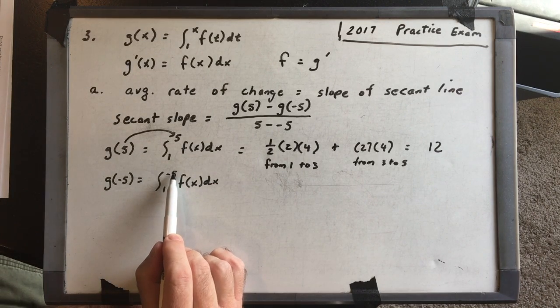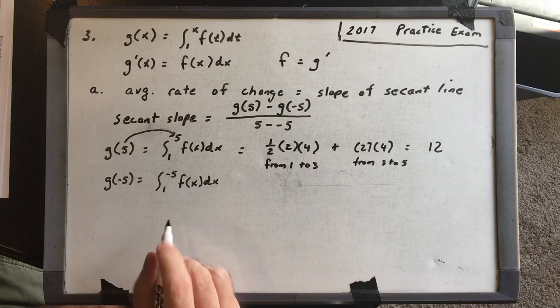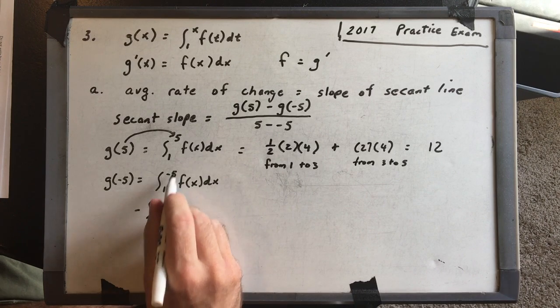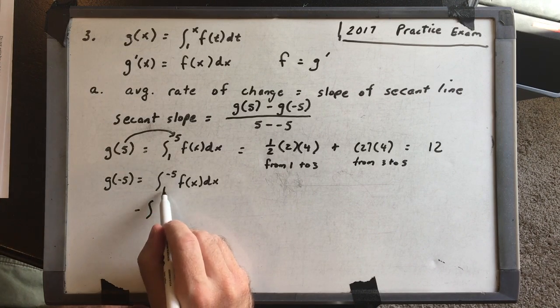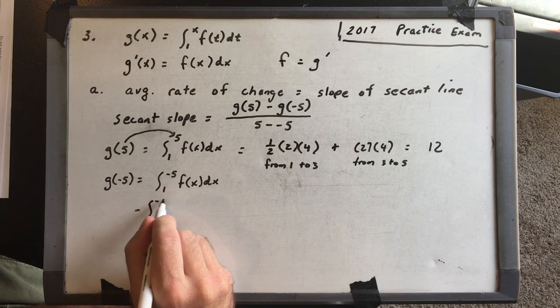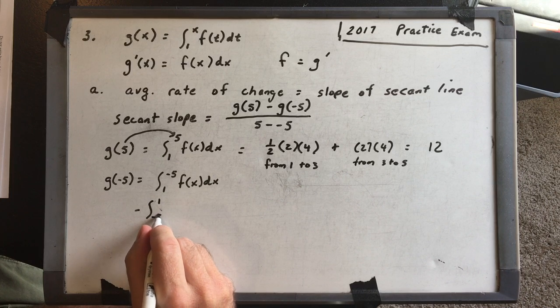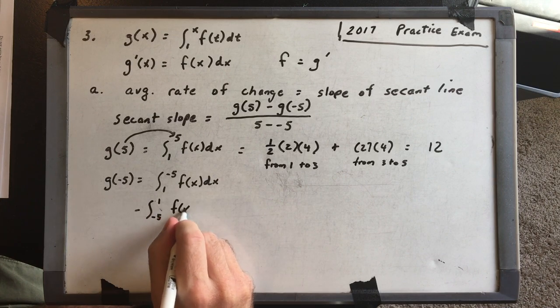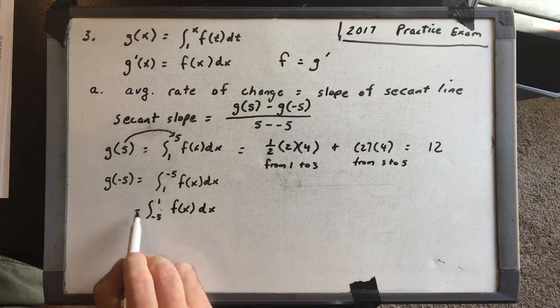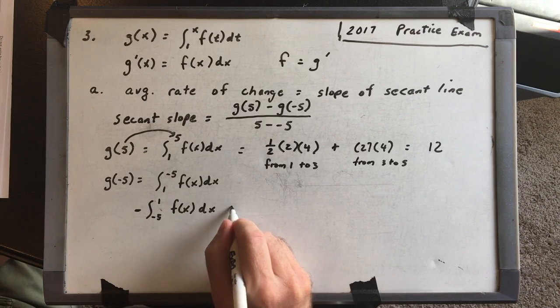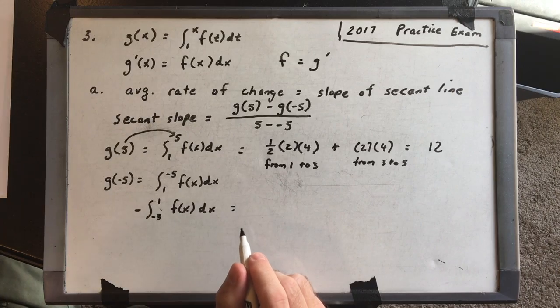We know we have to have the smaller number be the lower limit, so we have to flip those endpoints. We need 1, the larger number, on top, and -5 on the bottom. You can do that by putting a negative out front, and that's where we have to be careful on this one. So let's look at the areas.